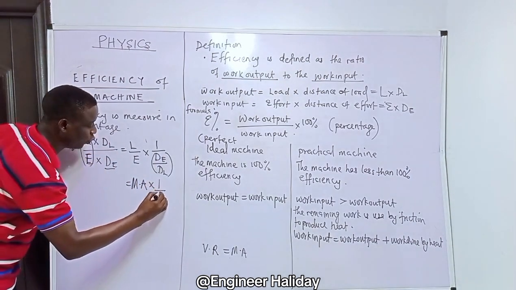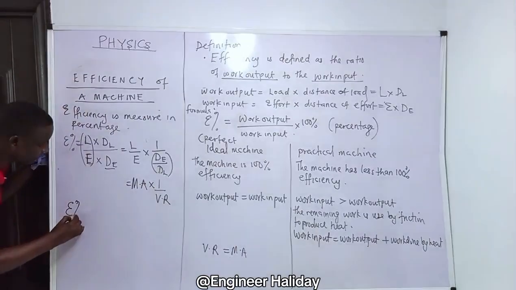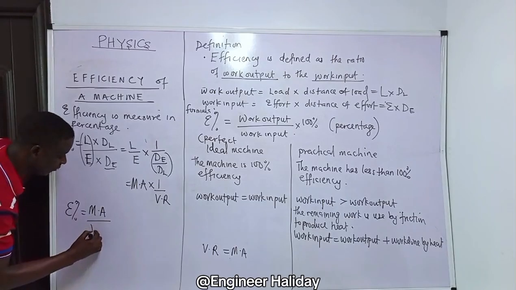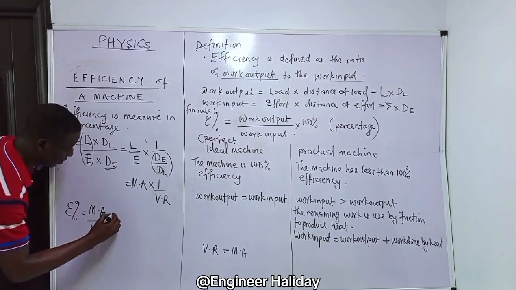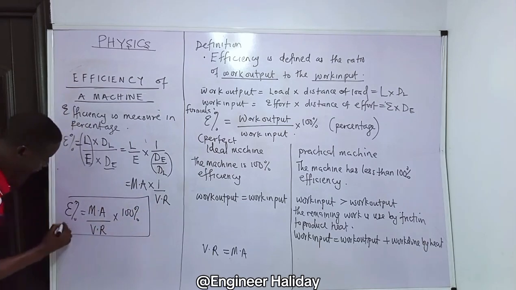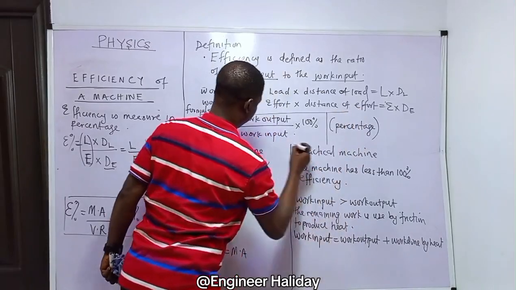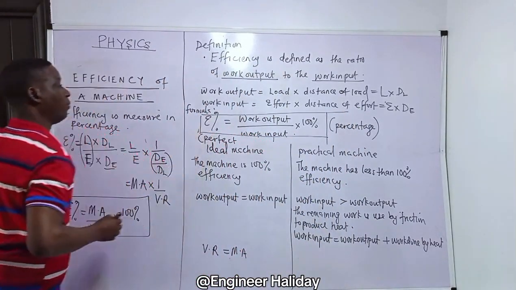So we will have 1 over velocity ratio. That means efficiency is also the same as mechanical advantage over velocity ratio, times 100%. That is another formula, so please take note of this again. It is an important formula.